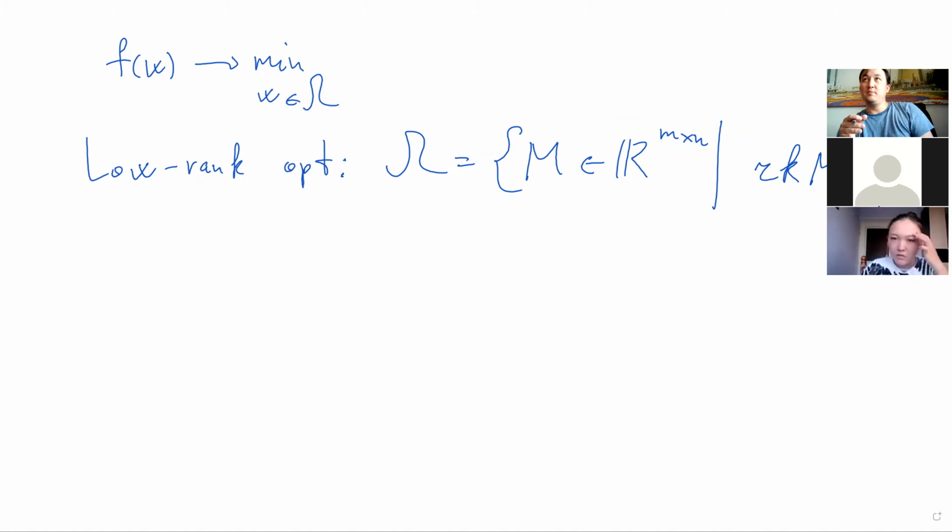So why is this problem interesting? First, let me give you some examples of low rank optimization problems. The classical example is the so-called low rank approximation.